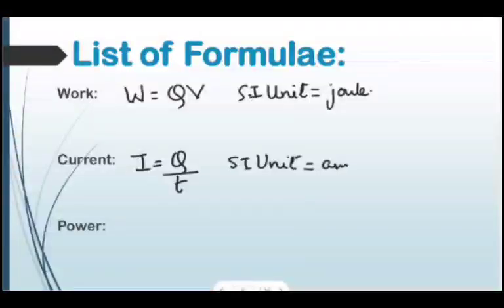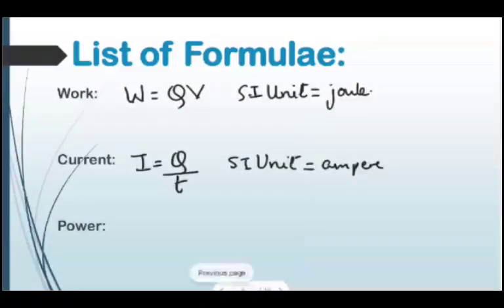Children, did you know that these words, joules, ampere, all these have come from the last names of the scientists who have come up with the concept of these things.